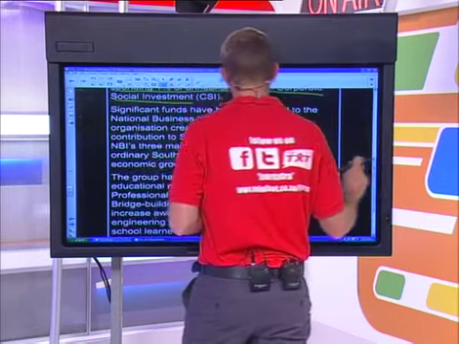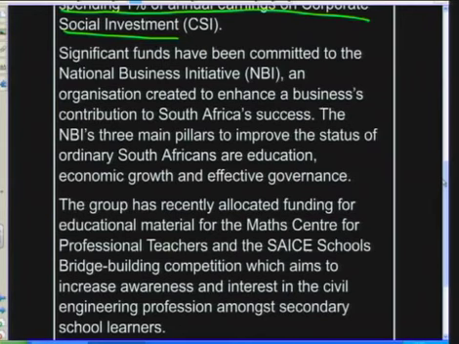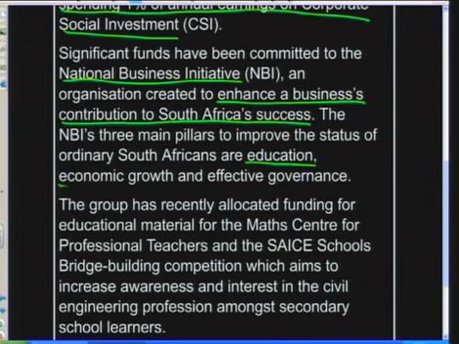Right, significant funds have been committed to the National Business Initiative, an organization created to enhance a business's contribution to South Africa's success. Right. The NBI's 3 main pillars to improve the status of ordinary South Africans are education, economic growth, and effective governance.